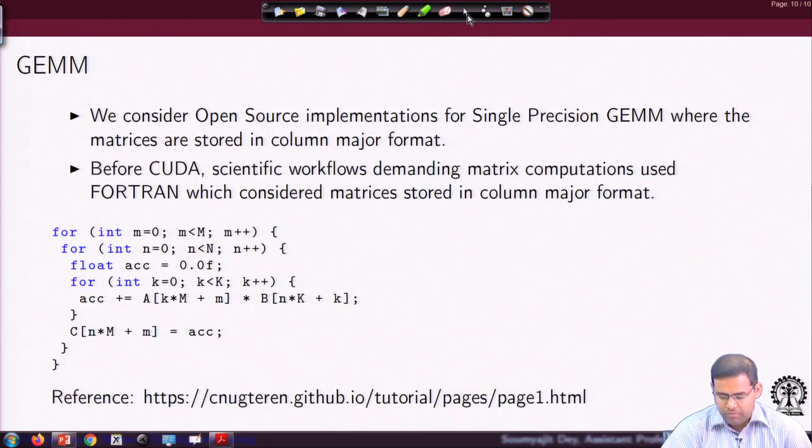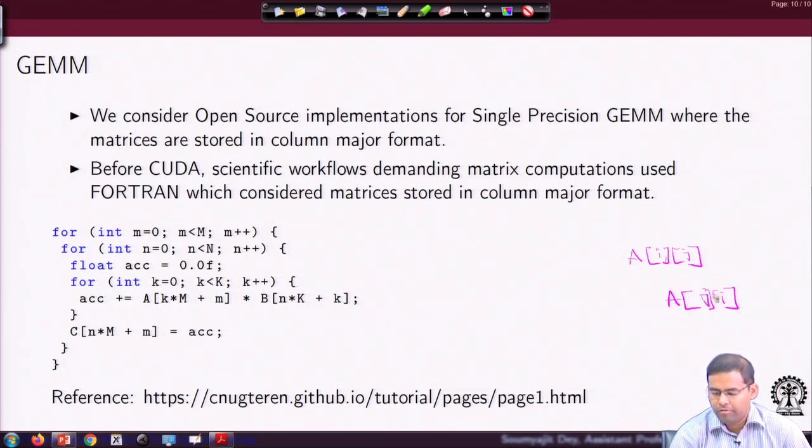That also means when you are trying to access data points, whatever was some a i j in my original program is going to change to some a j i.